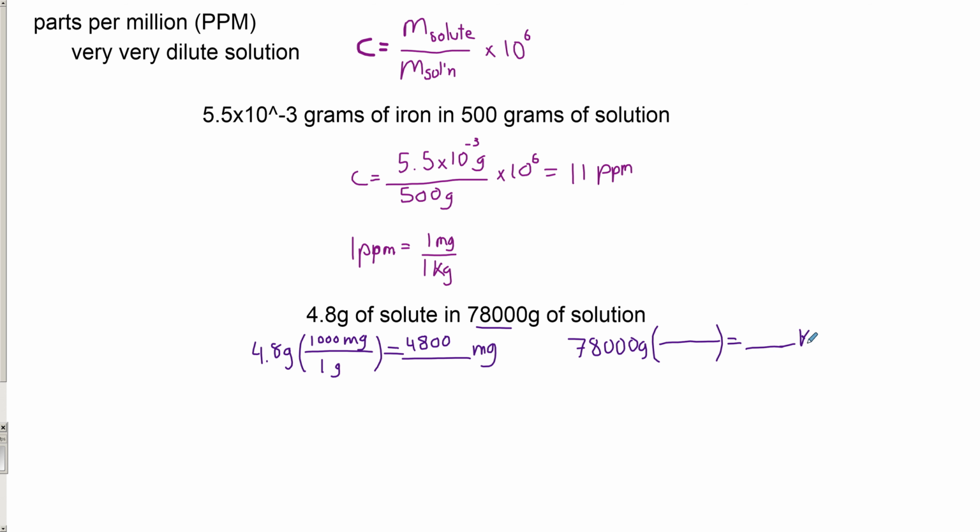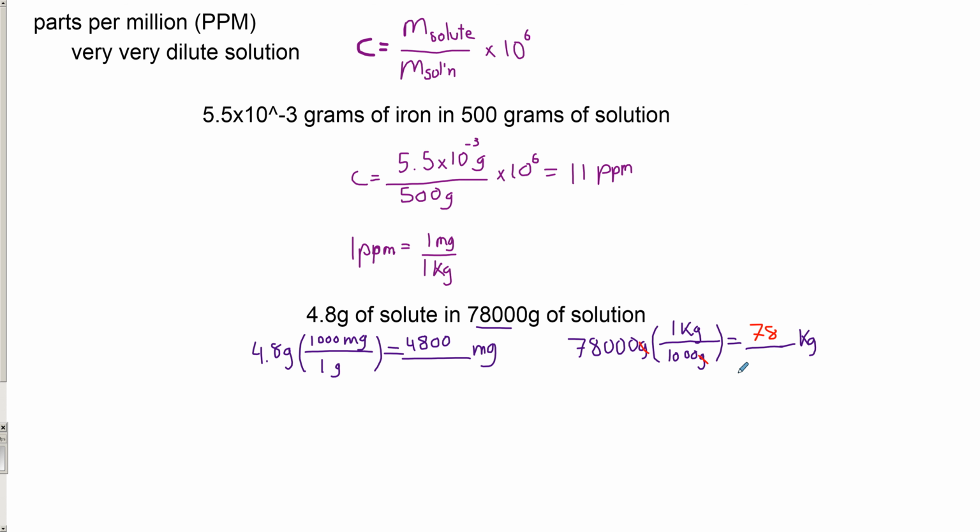So I know that in 1 kilogram, remember that's the unit I'm trying to bring in, there are 1,000 grams. And again, we get to do unit canceling. There's grams on top, there's grams on the bottom. So we are simply dividing by 1,000. So 78,000 divided by 1,000 is 78 kilograms.